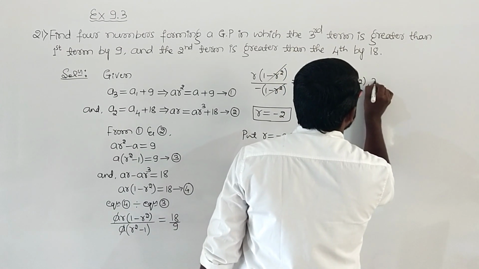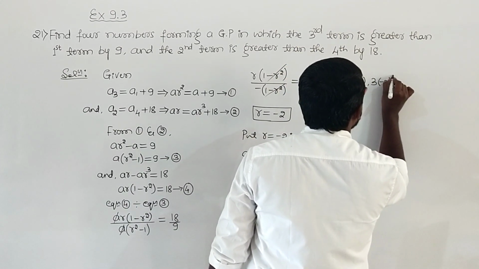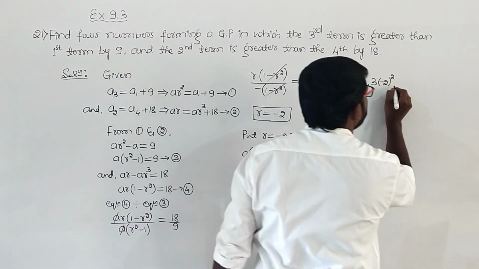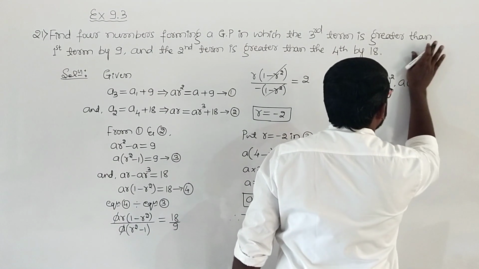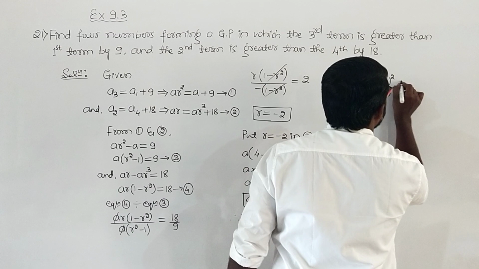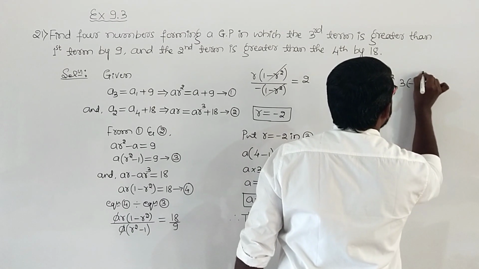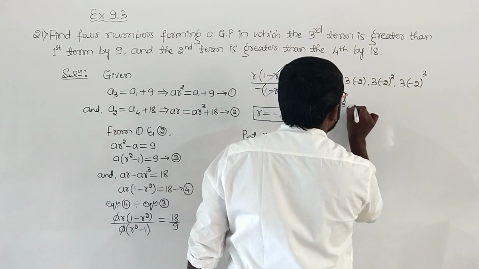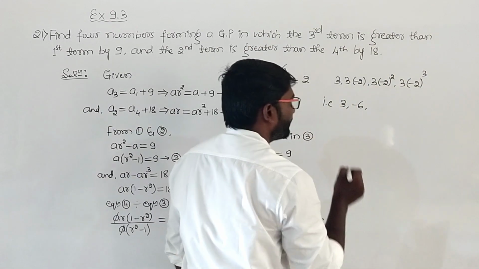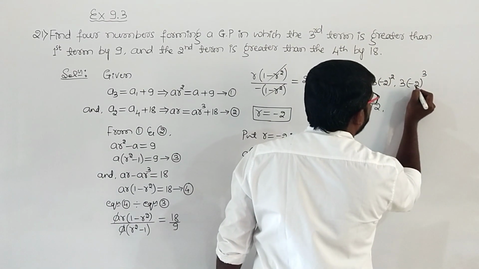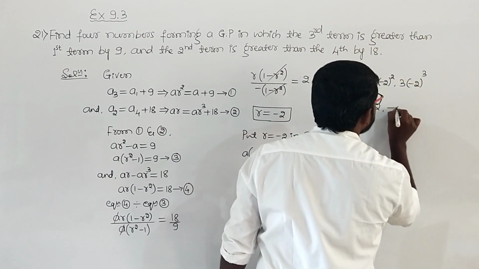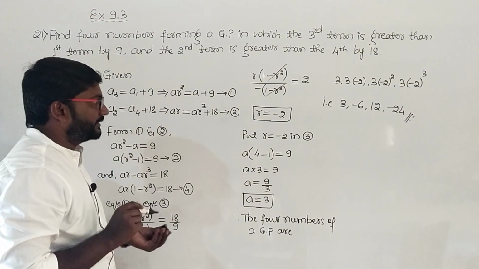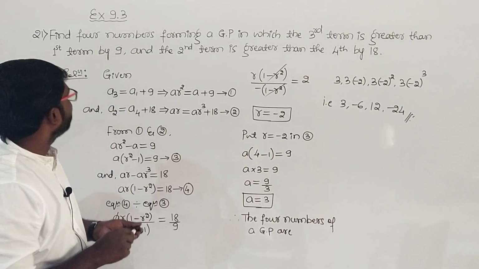Then A into R square, 3 into minus 2 squared, and then AR cube, that is 3 into minus 2 cubed. That is 3, minus 6, and then minus 2 squared will be 4 into 3, it is 12, and then minus 2 cubed is minus 8 into 3, which will be minus 24. So these are the 4 numbers of the given GP. So this is all about the 21st problem.